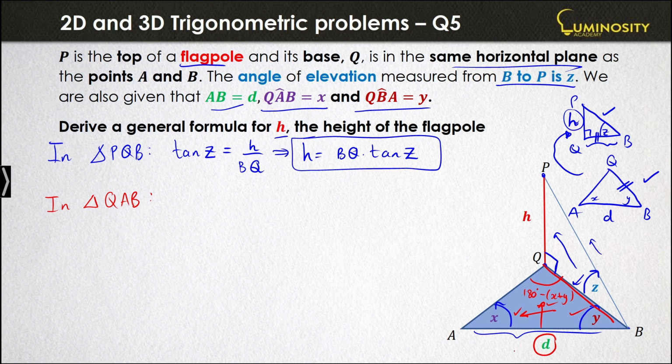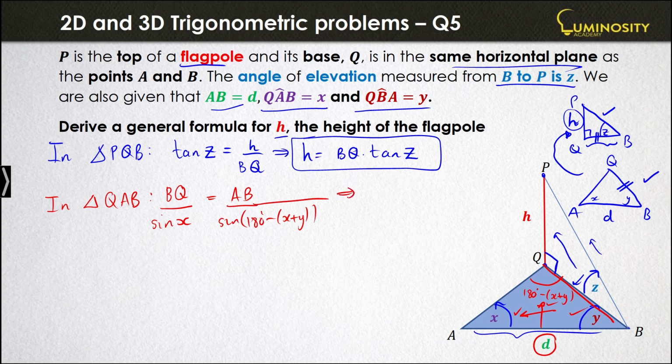So I can use the sine rule, right? Using the sine rule, I have that the length BQ divided by sine of the angle opposite it, which is X, is the same as another side length I know, AB, which is D units, divided by sine of angle 180 degrees minus X plus Y.